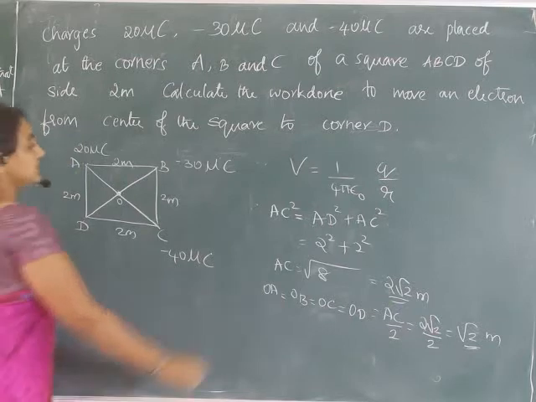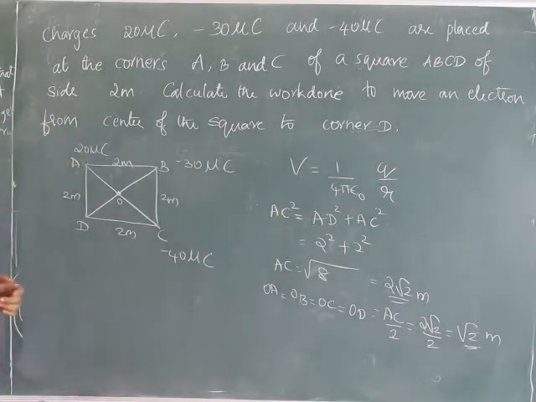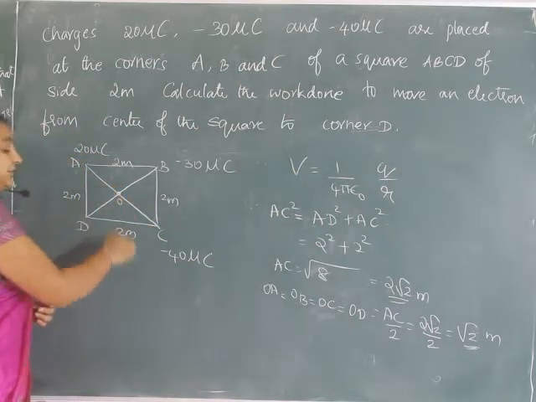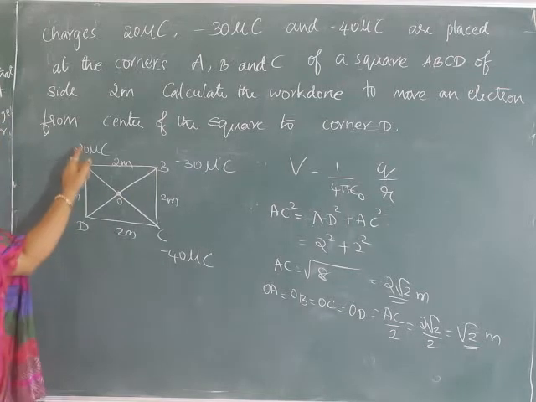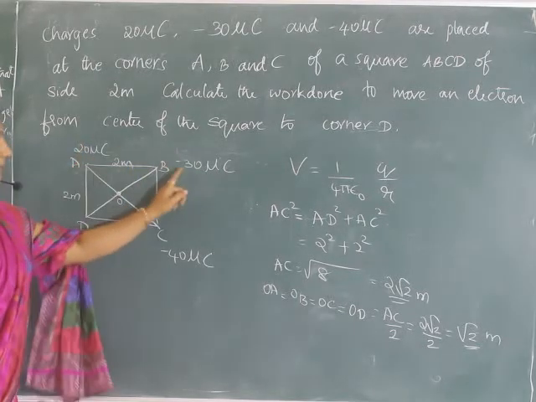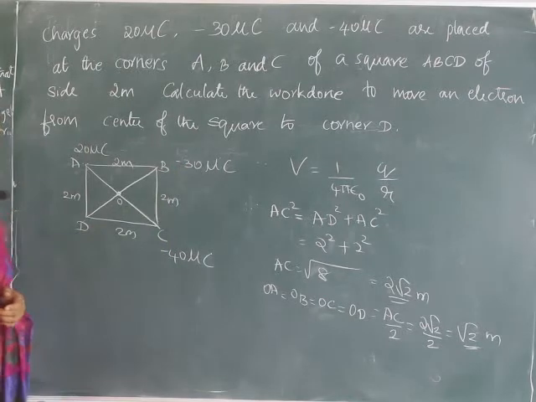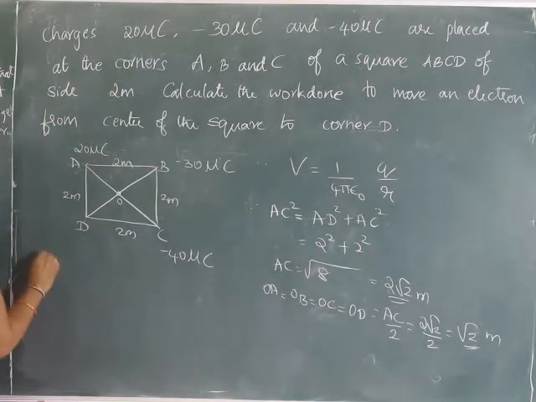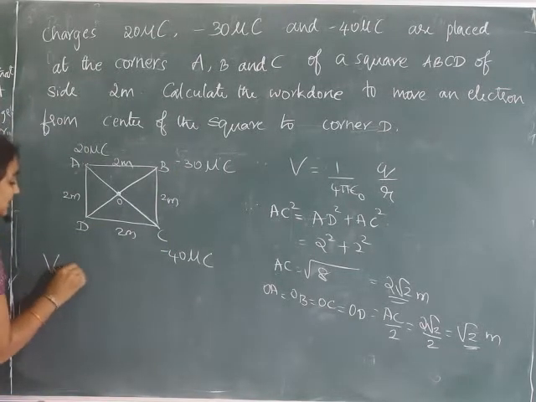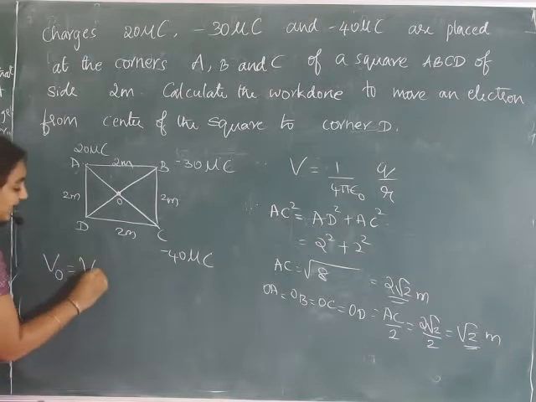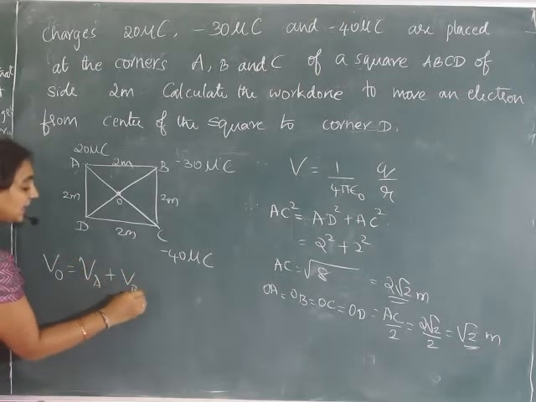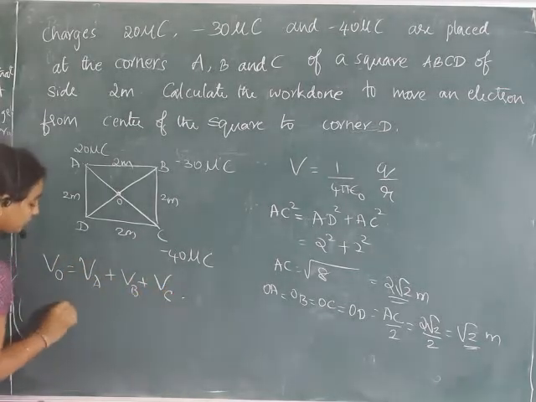Next, use this one and try to calculate what is the total potential at the point O due to the 3 charges A, B and C. So, what is the formula? VO is equal to VA plus VB plus VC. Total potential.